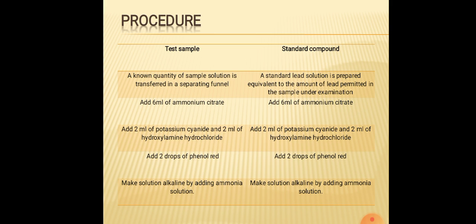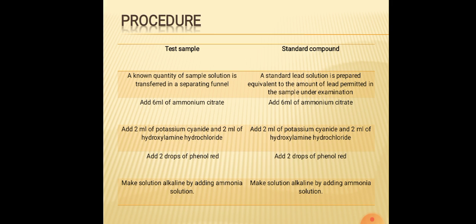Next is the procedure. For the procedure, we prepare two samples. The first is your test sample and the next is your standard sample. For the test, a known quantity of sample solution is transferred into a separating funnel and 6 ml ammonium citrate is added. Then to this solution add 2 ml of potassium cyanide and 2 ml of hydroxylamine hydrochloride.